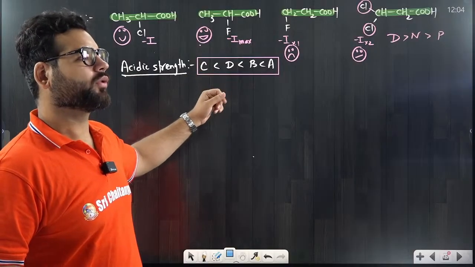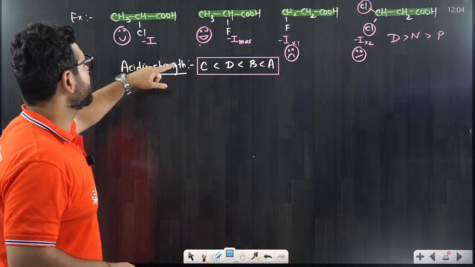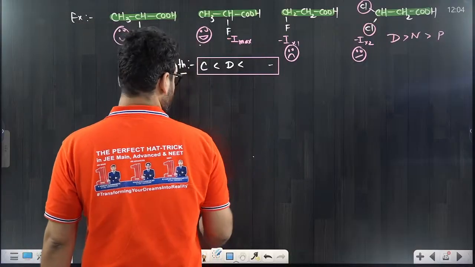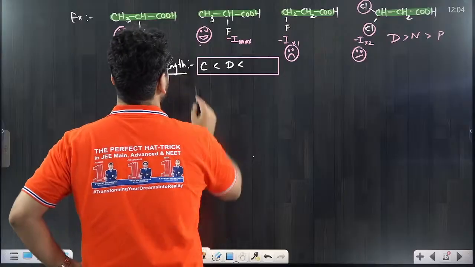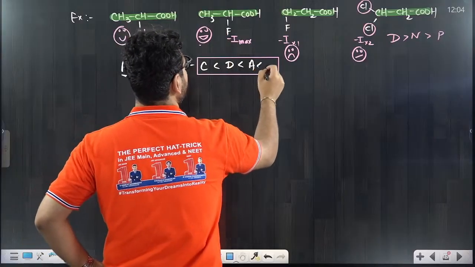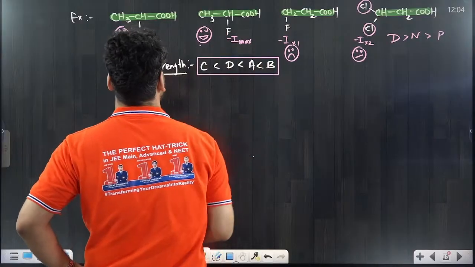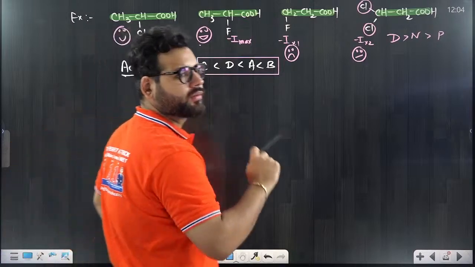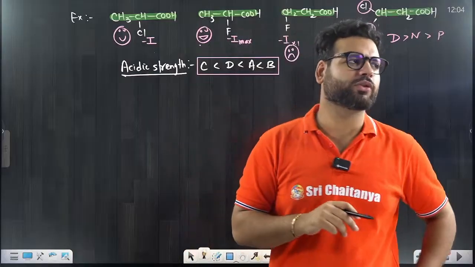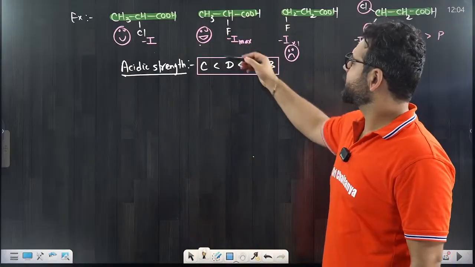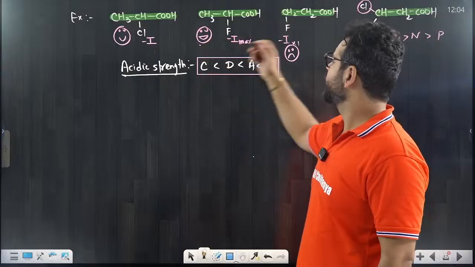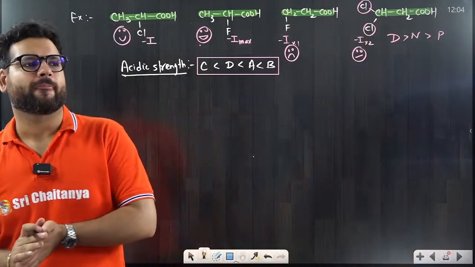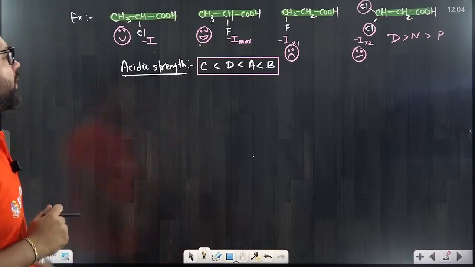Two is the best according to you? No, beta. Sorry, correct. We have written it opposite here. So we got the best one to be B. So B is the best, then A. So 2, 1. Okay, what you have written was not correct. This is the correct one. Second is the best. 2, 1, 4, 3 is the answer. Not 2, 3, 4, 1. 2, 1, 4, 3. Okay, Balaji, yes.